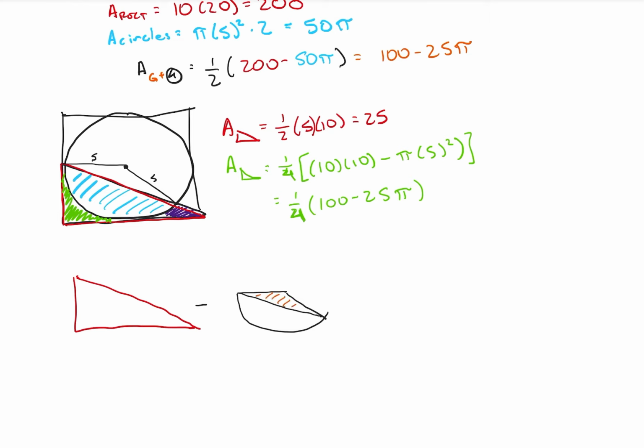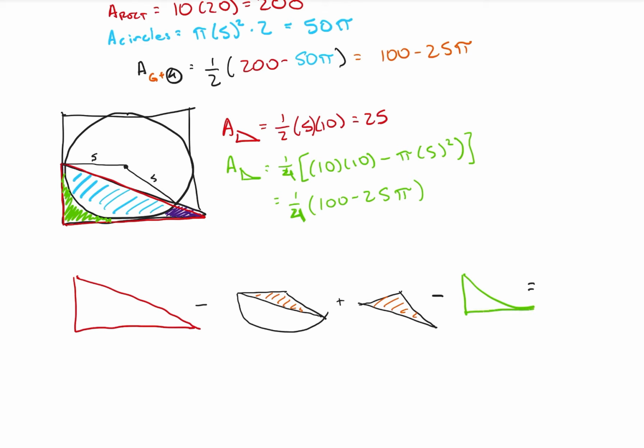So I know I have a little bit of a problem right here. Because we're subtracting that, we're going to have to then add it back. So I'm then going to add back this little triangle. So now I have the red triangle minus the blue. We also have to subtract the green, so we're also going to do minus this little green section here.